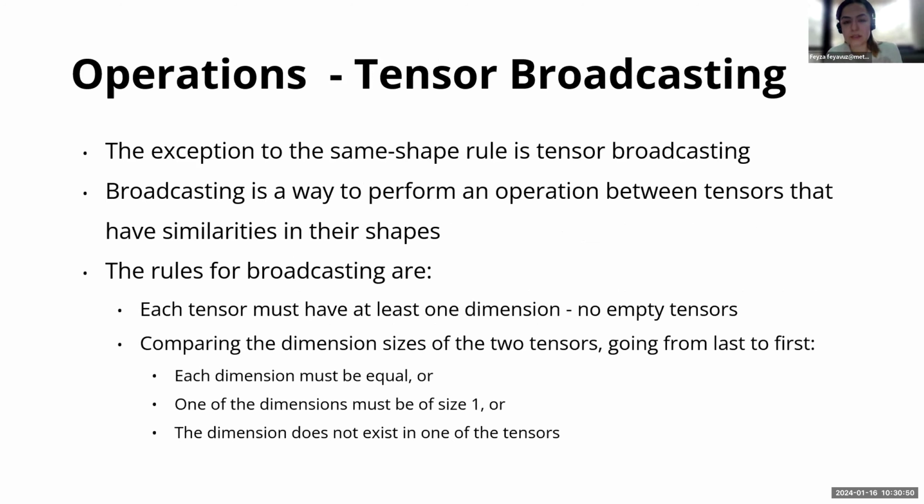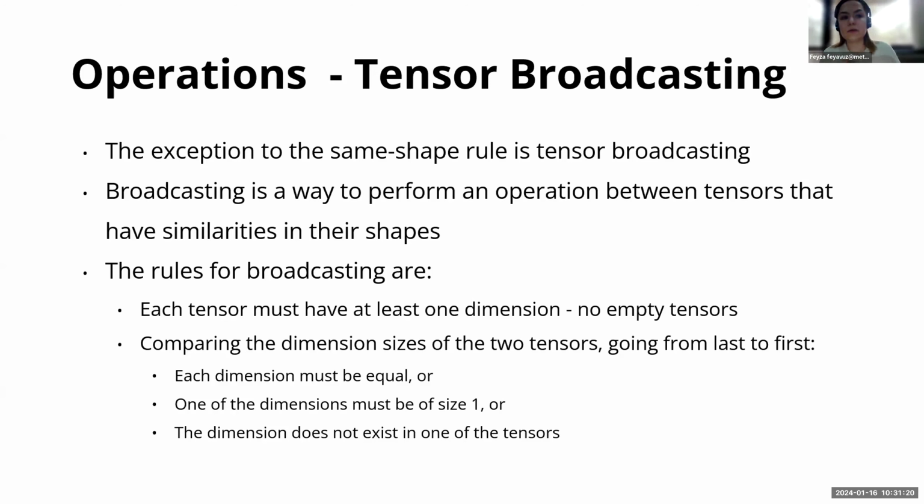We cannot apply any operation on empty tensors. And from last to first, we have to compare the dimension sizes of these two tensors. There are three possible comparisons. First, the dimensions are equal. Second, one of the dimensions is of size 1. And third, the dimension does not exist on one of the tensors.